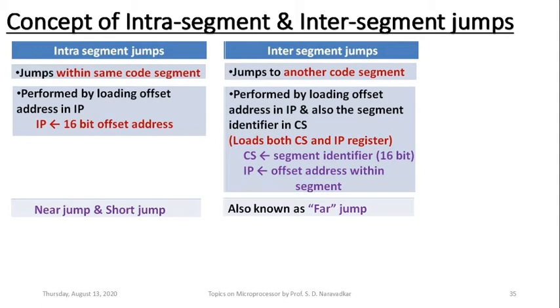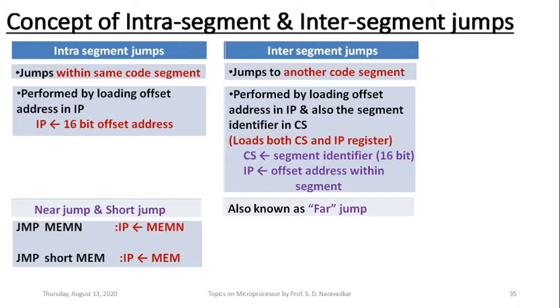And then towards the bottom of this slide, the examples. The example of intra-segment jump here, the first example, JMP MEMN. This is the offset which is given by the label MEMN. This offset will be loaded to the instruction pointer register, IP register, and the jump will take place.